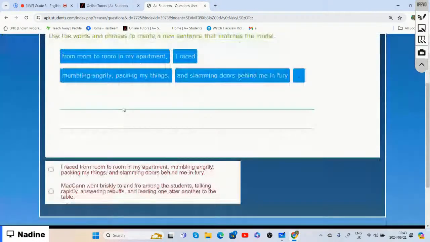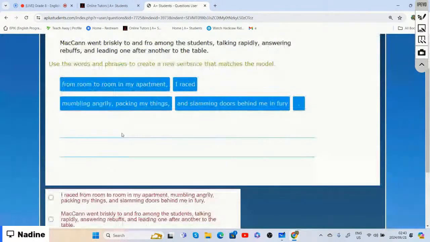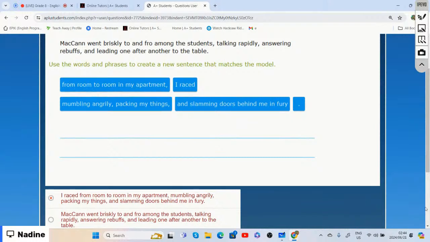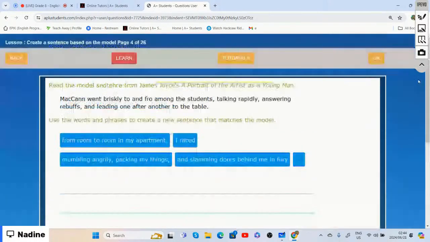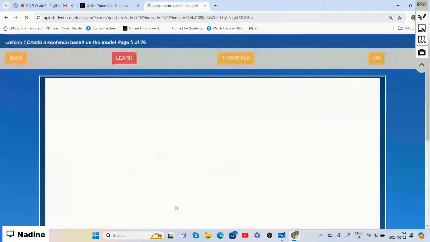So if we were to create a new sentence, we can start with I raced from room to room in my apartment, mumbling angrily, packing my things and slamming doors behind me in fury, right? So option one is our correct answer.